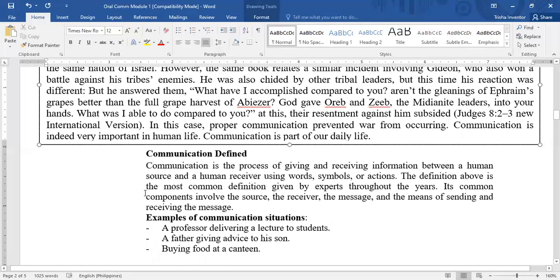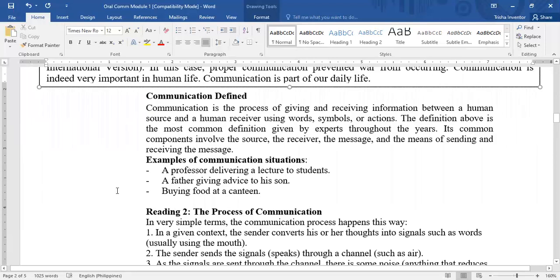So it is really important to talk to the people that we encounter every day in a nice way. Even though we are criticized, even though we are scolded, we must talk in a nice way. We must reply in a nice way so that we would prevent war and conflict.